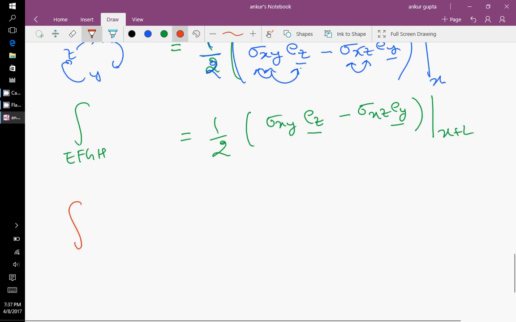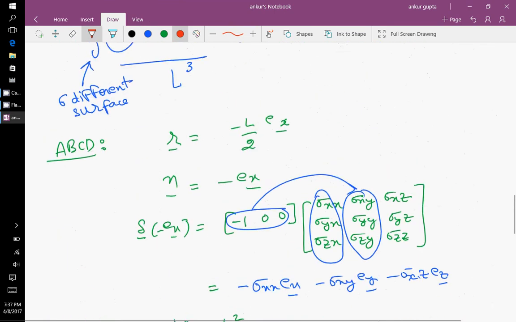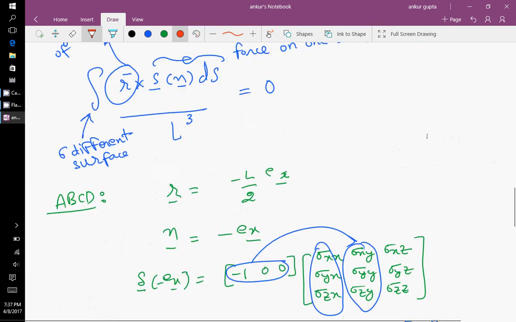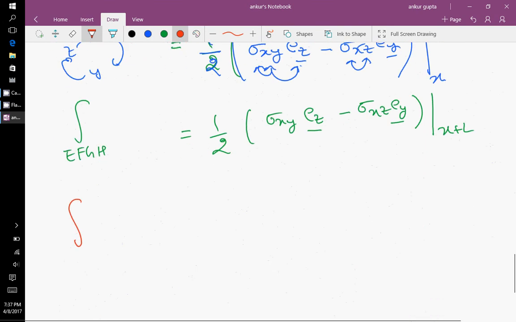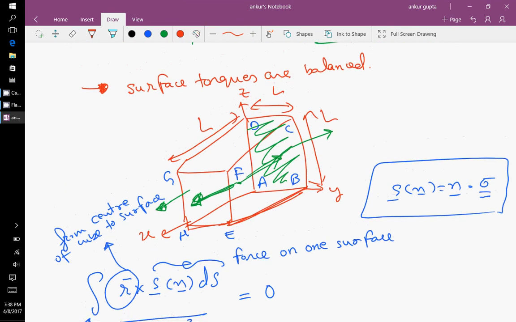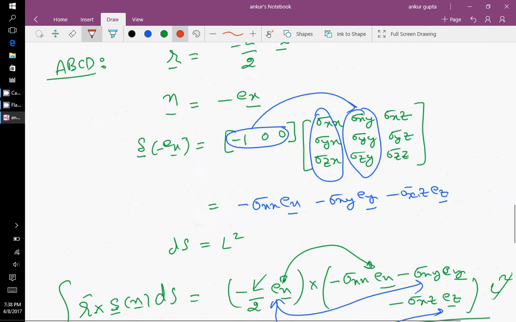So let's try to write quickly, without doing any math, the balance on HADG. So how will we start? HADG has a normal in the y direction.